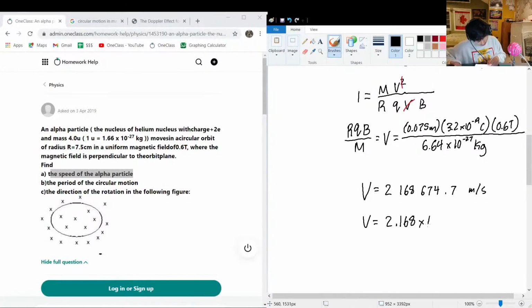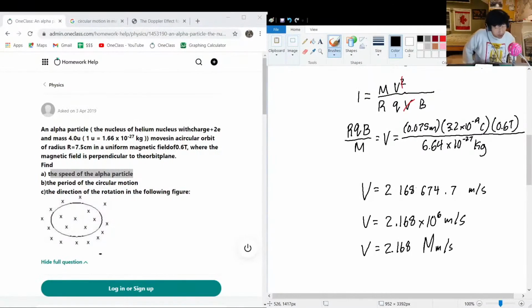Another way that we could write this is v equals 2.168 times 10 to the 6 meters per second, or we can say 2.168 mega meters per second, because mega is another way of saying a million. But this will be how we find the velocity. And is that a reasonable number? It really is, because these velocities will get very, very fast, especially when you have things that are that light.